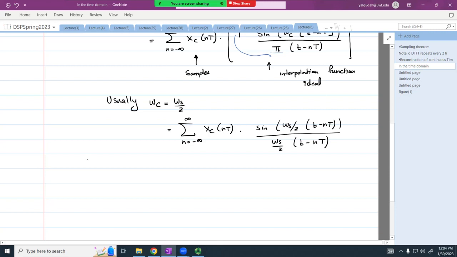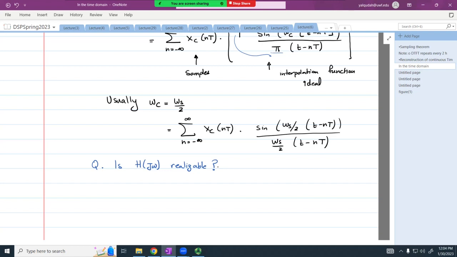Okay, now the question I'm going to ask you, and then we'll share a graph. Is H of j omega realizable? Yes or no? The ideal filter? Yeah, this ideal filter, is it realizable?